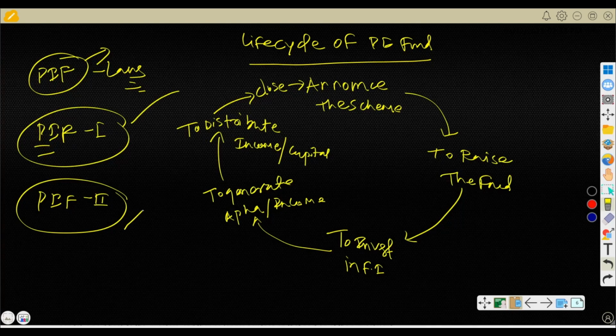You can relate this with this cycle: announce, raise, invest, generate, distribute, close, and whatever assets and liabilities you see here, you need to transfer them, and again this fund will go into operations, and here you can provide accounting treatment to this PIF 2. So it's very important to understand the logic of this life cycle.